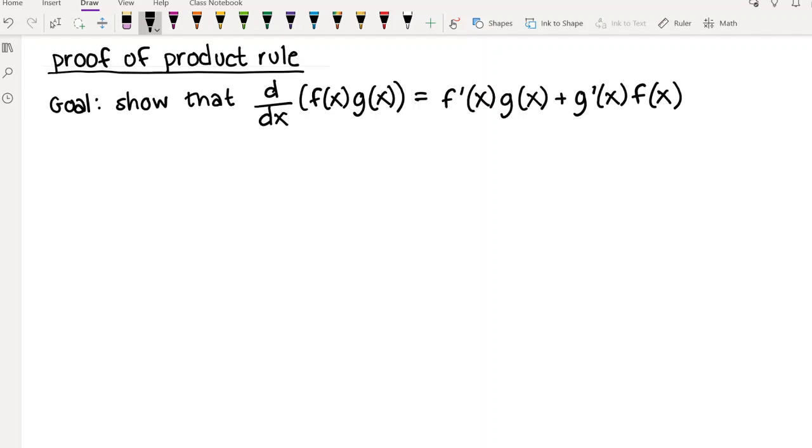So how are we going to do this? We're going to go back to the limit definition of the derivative. We're going to start by writing down how you would write the derivative of a product of two functions using the limit definition. Well, we know that in general, the derivative of a function is the limit as h approaches 0 of, if it was just f of x, f of x plus h minus f of x over h.